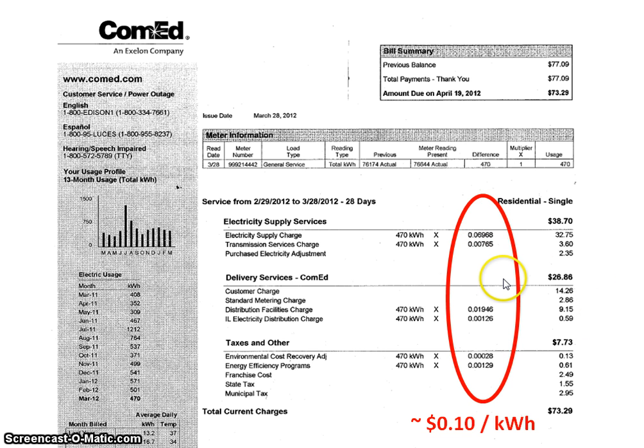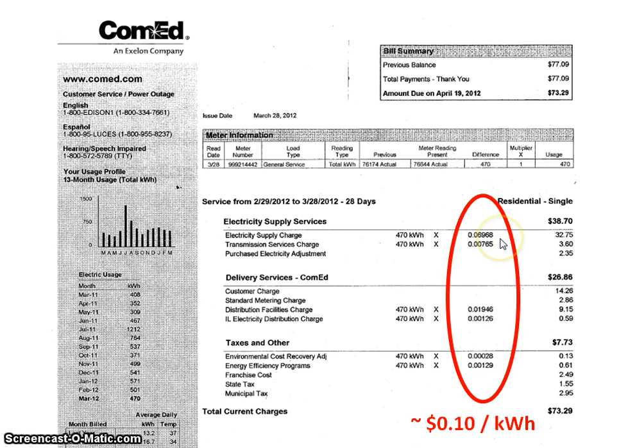Now, ComEd is kind of tricky about this. What they do is they basically split up that 10 cents per kilowatt hour, and they charge it according to different items. So if you look here, you'll see that there are about 6 different numbers that add up. And these numbers add up to about 10 cents per kilowatt hour if you were to go through and do this.